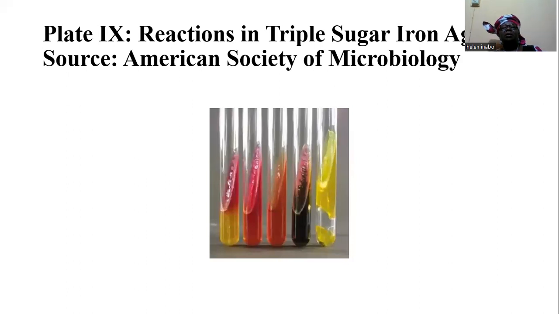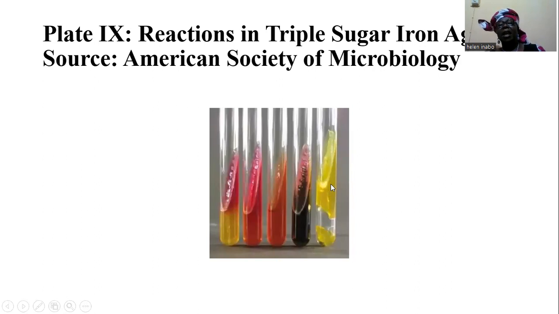Reactions in triple sugar iron agar. Salmonella isolates are known to give an alkaline over acid reaction, that is K/A. And some serotypes are known to produce hydrogen sulfide, that's the darkening of the medium.